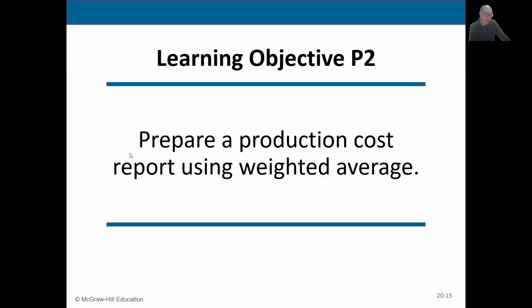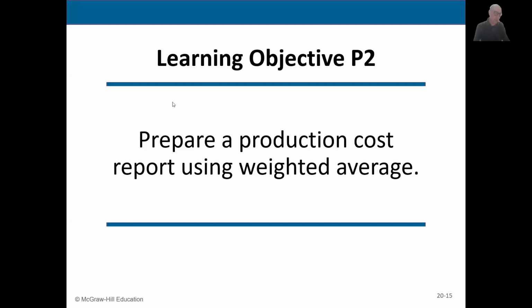Earlier, I had mentioned that it's really important to use weighted average for this process, for process costing, because we use it to prepare what we call a production cost report.